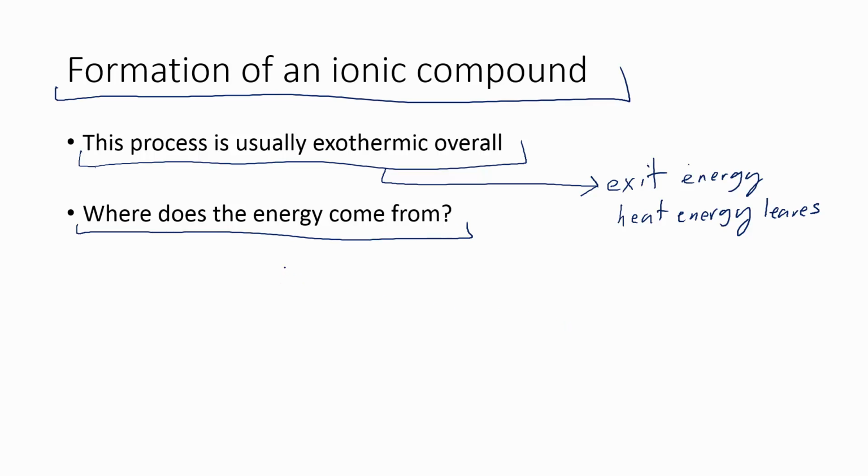Well, you could think that maybe it's due to the electron transfer, that maybe that results in a more stable compound, and with more stability in the compound, the extra energy that was there originally that made it less stable has to be given off and gotten rid of. But that's actually a very small component. What we actually see is most of this energy is coming from the formation of the ionic matrix itself.